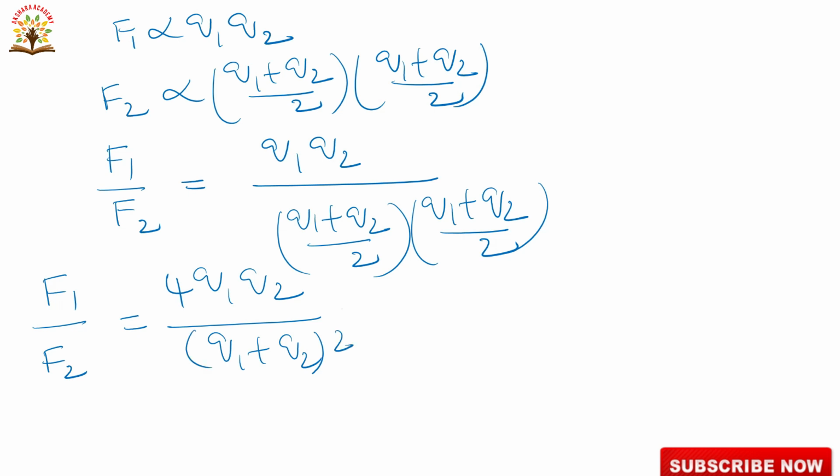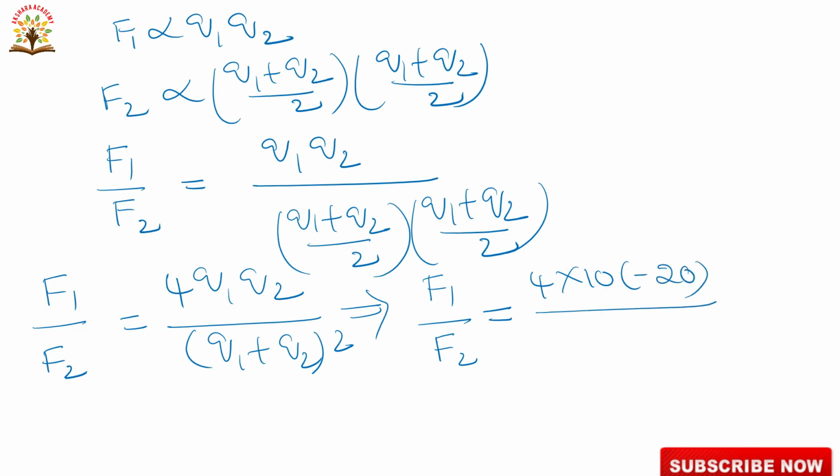Now we are substituting values. F1 by F2 is equal to 4 into 10 into minus 20 by 10 minus 20 whole square.